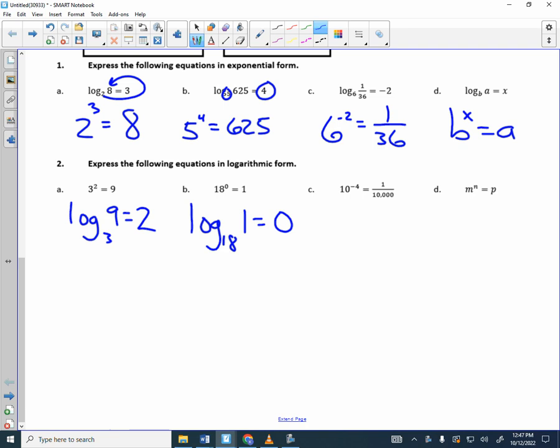Log base 10, you don't have to write the base of 10. Base 10 is assumed. You can write it. 1 over 10,000 is equal to negative 4. And here, log base m of p is equal to n. Good. So logarithms are useful because they solve for exponents.